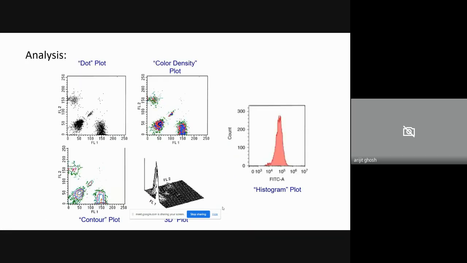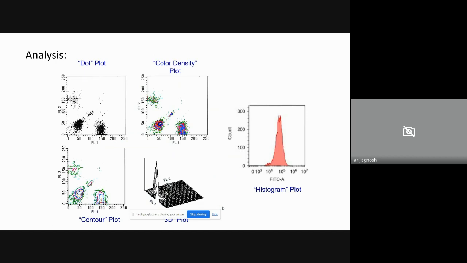So how many types of plots are there in flow cytometry? First comes the dot plot. What is a dot plot? A dot plot is mainly visualized by a single color, and there are many dots which form specific populations of cells.